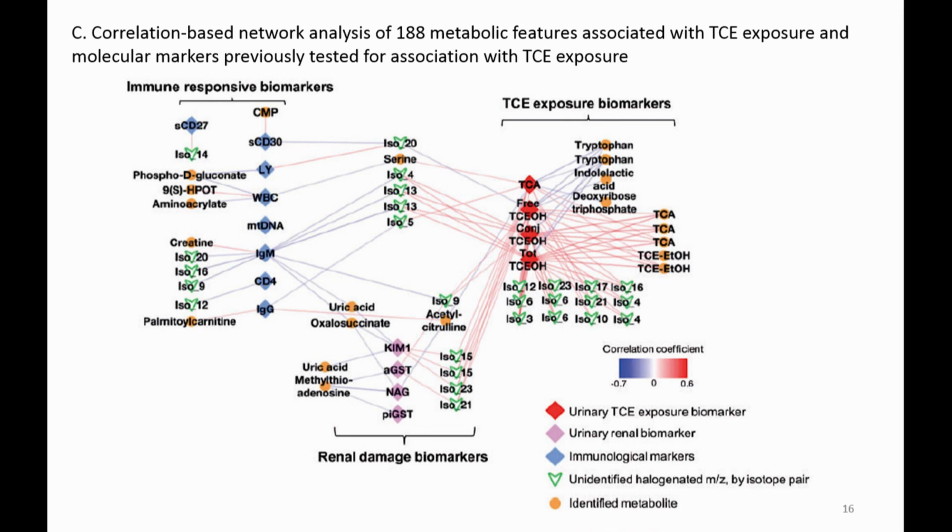Essentially, the key aspect of this type of methodology is that we are able to take this multi-dimensional data coming from different platforms, put it together, and identify the associations between these different layers of data.